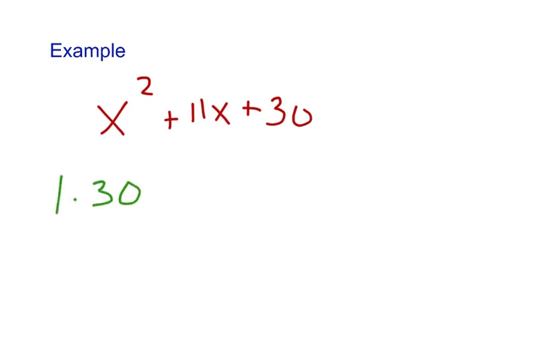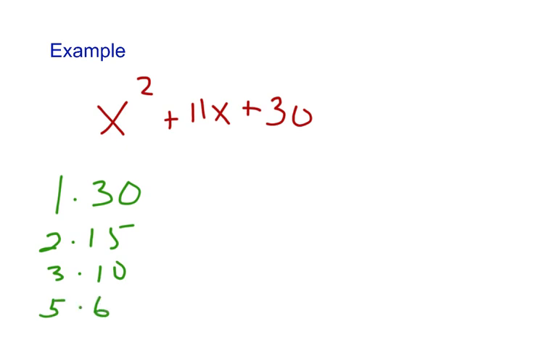Okay, let's do another example: x squared plus 11x plus 30. Some of you are going to be really good at this because you know your multiplication facts. Others are going to struggle because they don't. 1 times 30, 2 times 15, 3 times 10. Are there any other ones? 5 times 6.